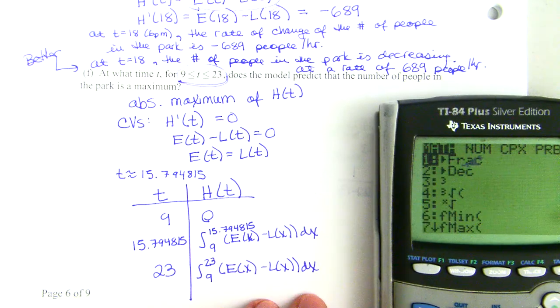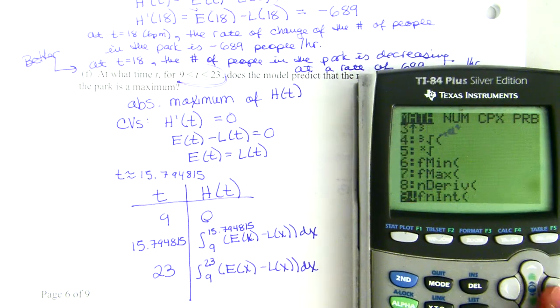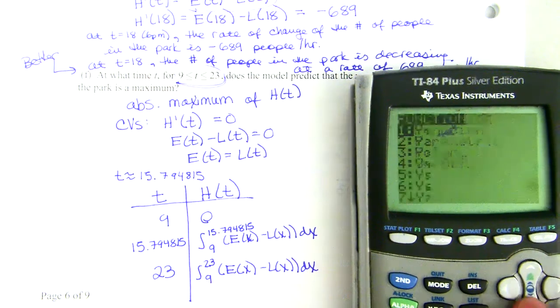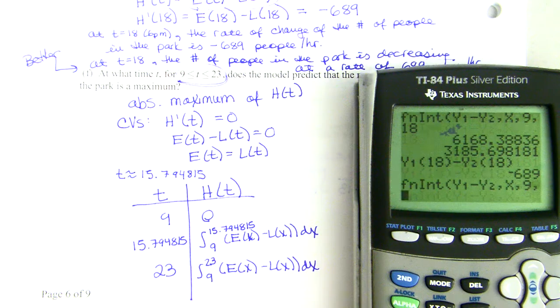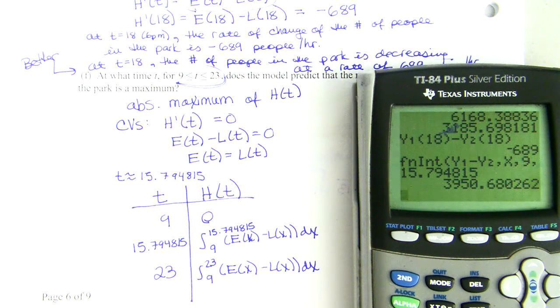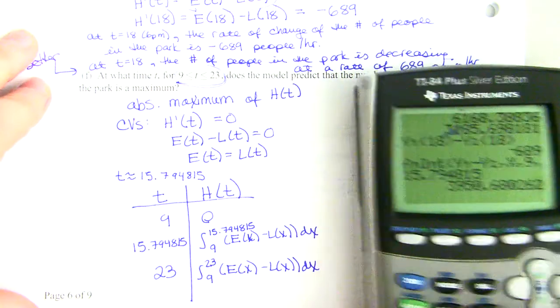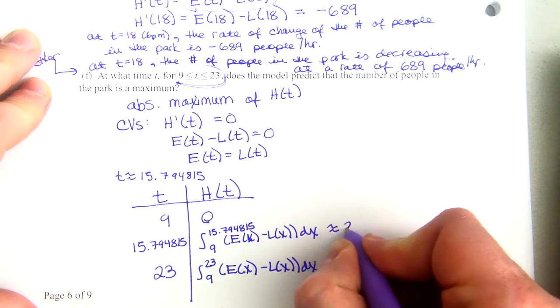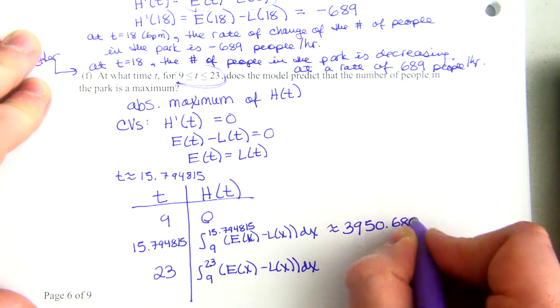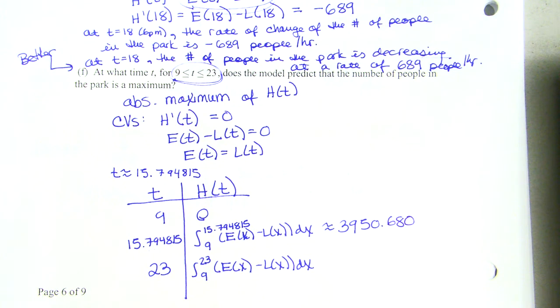Well, when I go to do my fnInt of y1 minus y2 from 9 to 15.794815, I'm going to get about 3,950.680, meaning I can predict there are about 3,951 people in the park at that time.